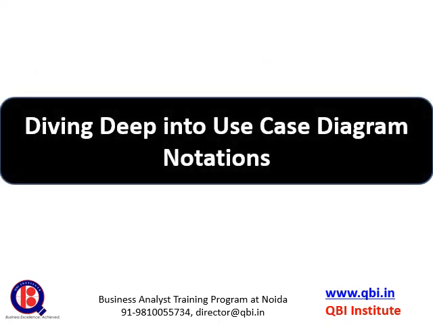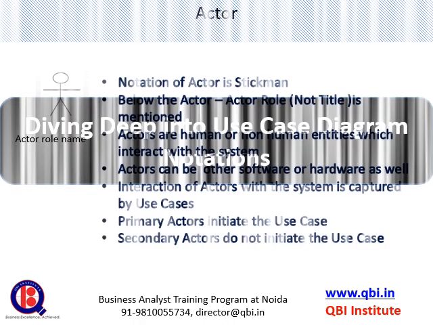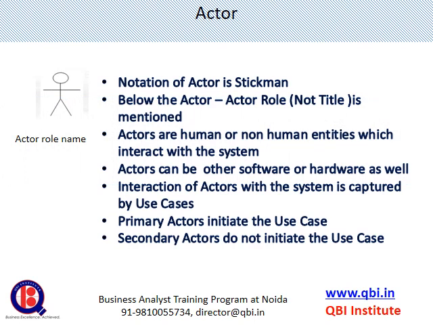Diving deep into use case diagram notations. Now it is time to have a deep dive into various notations present in a use case diagram or a use case model. Actor. The notation of actor is that of a stickman. Below this stickman, the actor role name, and not the title of the actor, is given.